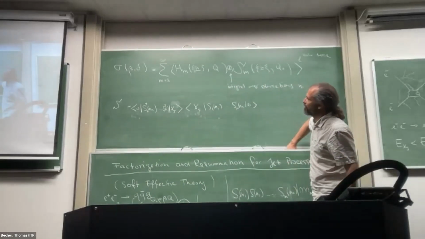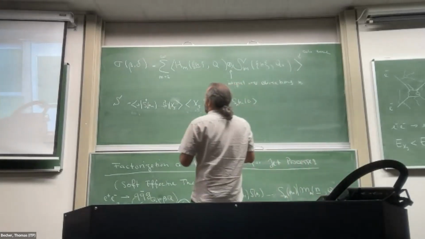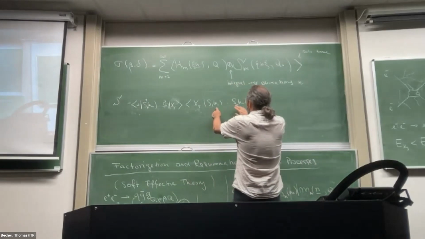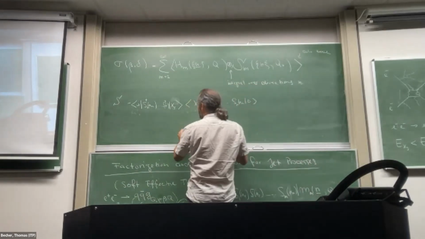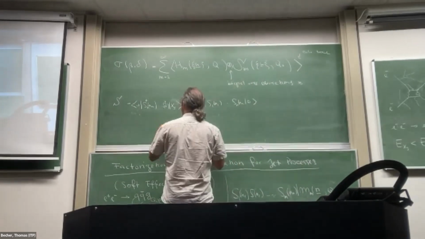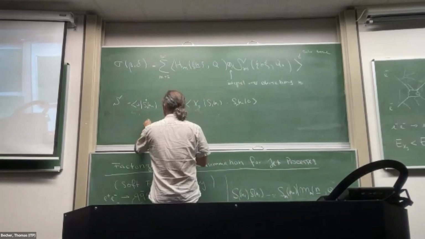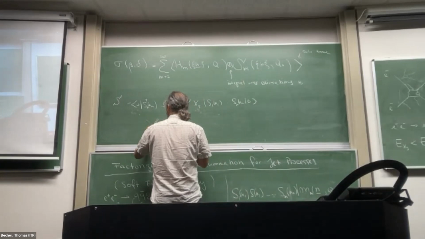And in terms of indices, here are these indices which all act on the amplitude and then they connect with each other. Let's say I have 2 Wilson lines here.